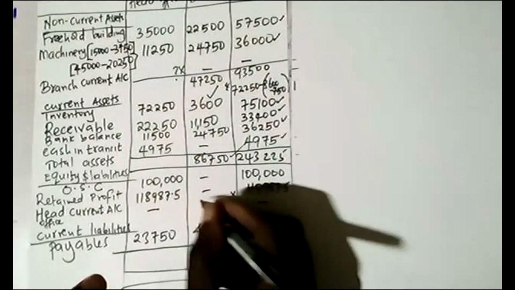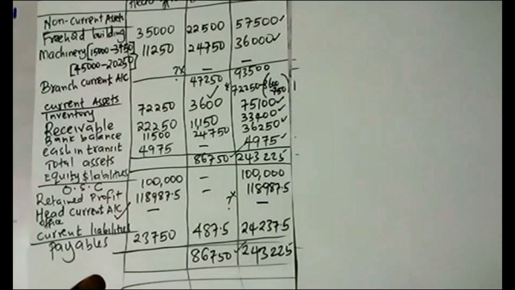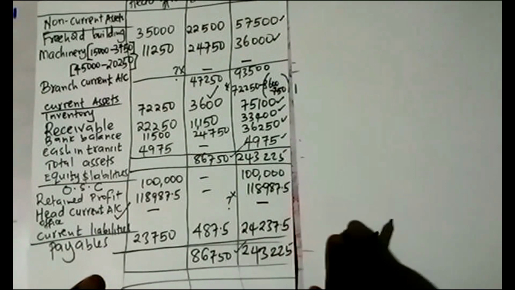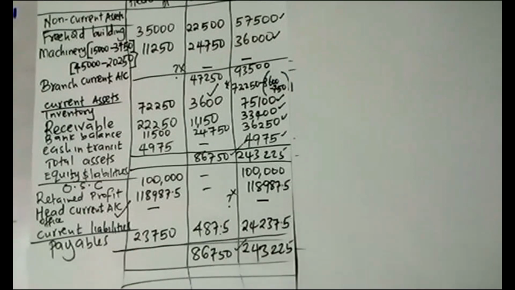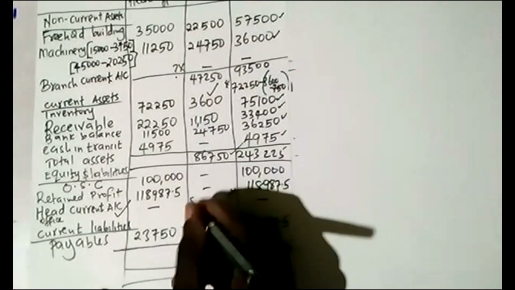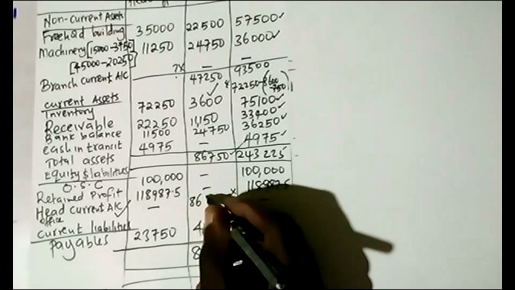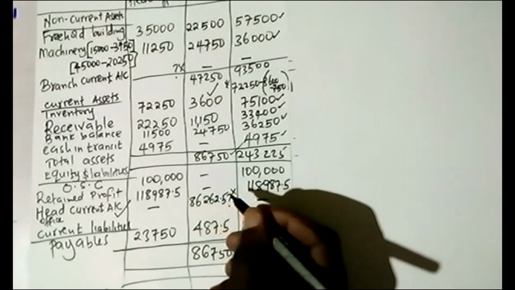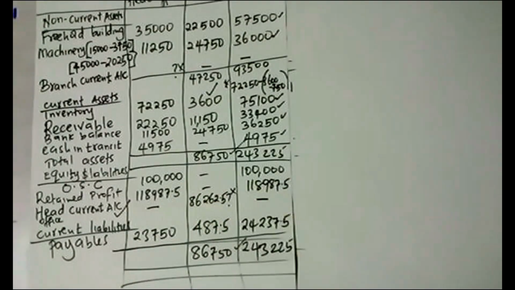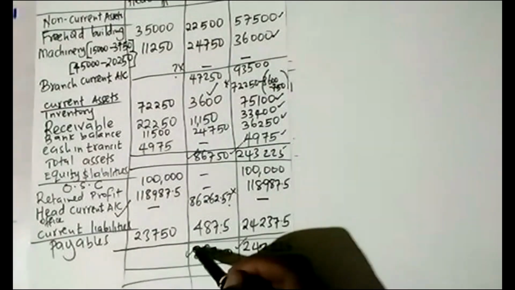So this implies that I can get the head office current account, because I will take 86,750 minus 487.5. If I do that, I'm getting 86,262.5.